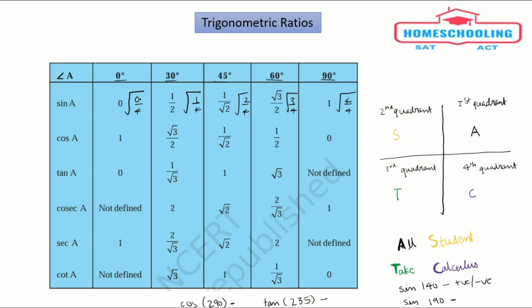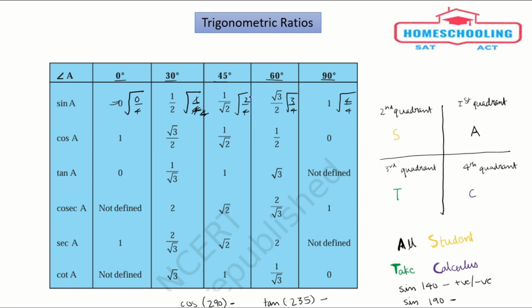So 0 divided by 4 would be 0. Then 1 by 4: under root 1 would be 1 and under root 4 would be 2. So this will be 1 by 2.